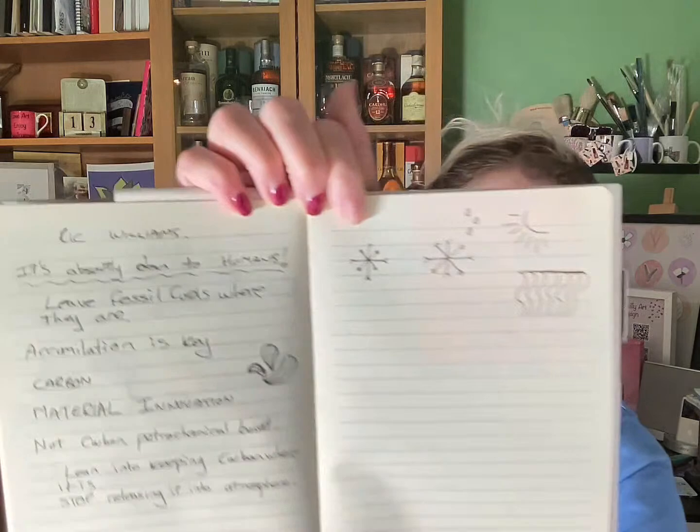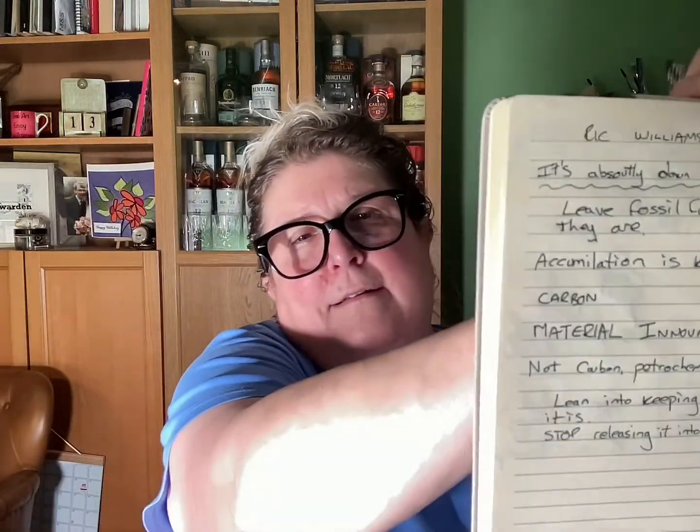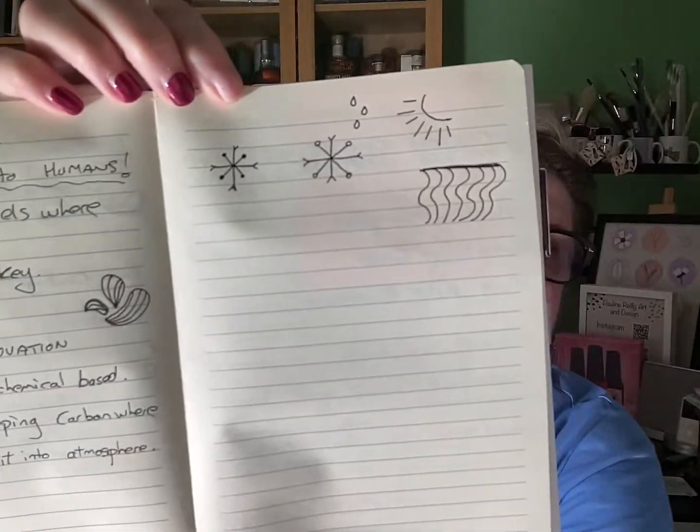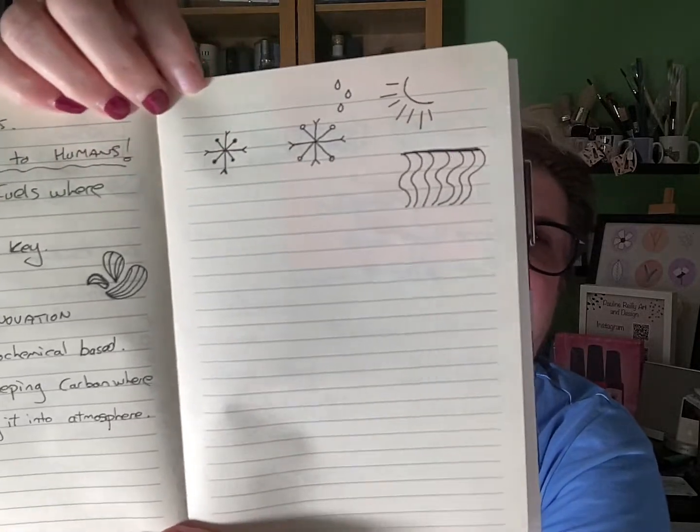There you go, that was when I was meant to be doing the weather, and some little bits and bobs that I did there. Oh, the other bit, in case you're wondering, because it looked really random, accumulation is key. I was on an environmental talk, which was brilliant, and so that's what all that waffle is. But as you can see, I can't not doodle, and mostly I doodle on my iPad.